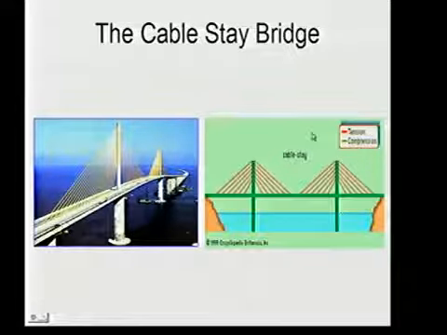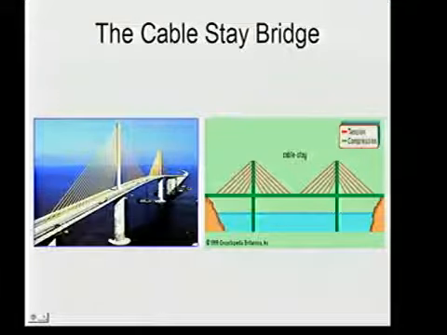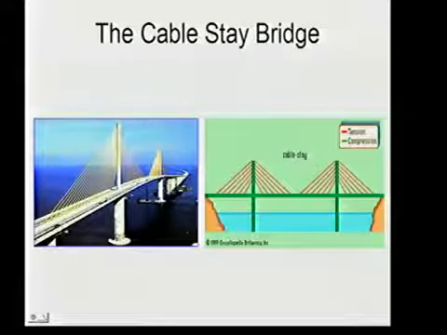Lately, in the last 75 years, I guess it is, they've also come up with a cable stay bridge, which I guess is a variation of a suspension bridge. And in this case, we have the cables, probably the nicest one.